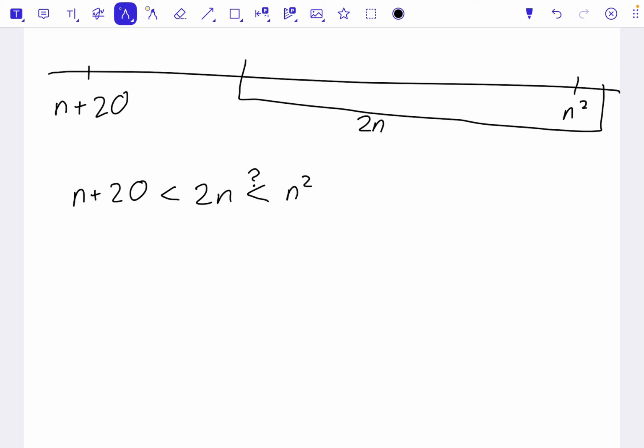If we can show that 2n is less than n squared, then we'll be able to just use that as the inequality that we're assuming in order to find values for n. And anything that we find from assuming that inequality will be applicable to if we were working with the original inequality, because it came from the original inequality.